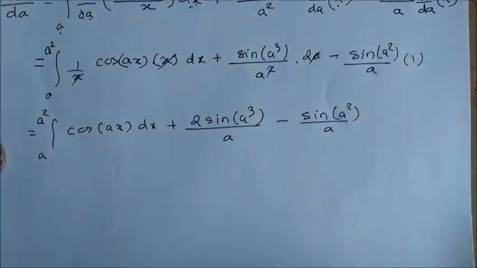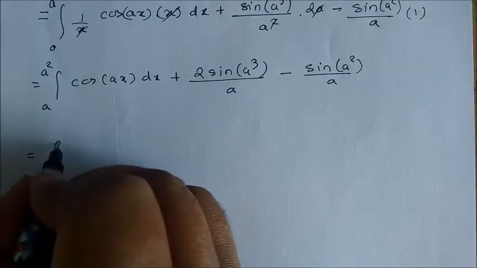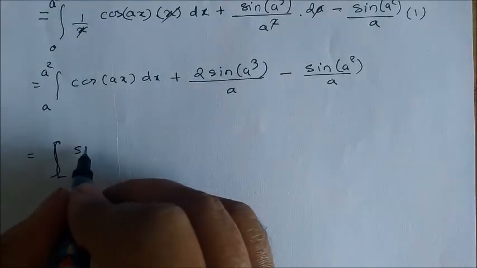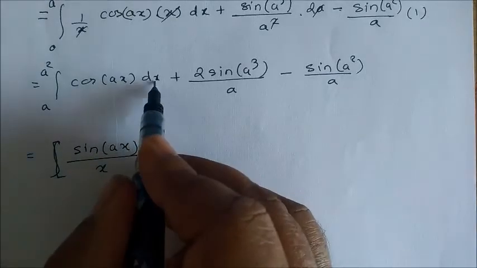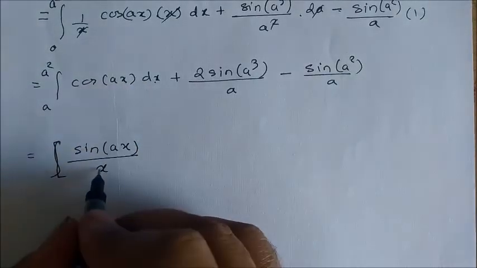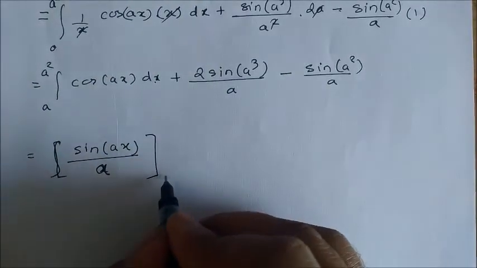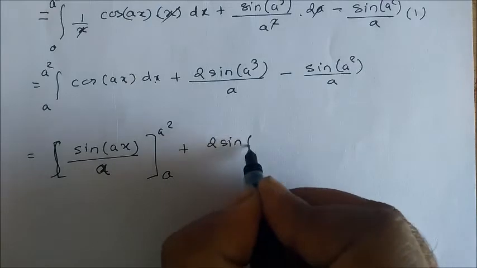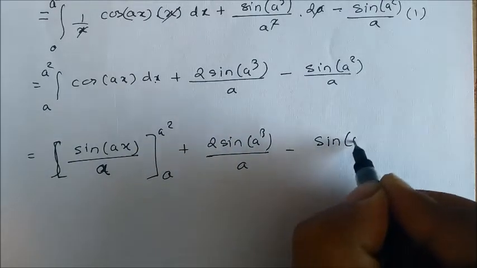Now this integration is the easiest part, so let me solve this integration. Integration of cos is sin(ax)/a. See that the integration is with respect to x, so here we have constant a, from a to a². 2 sin(a³)/a as it is, sin(a²)/a as it is.